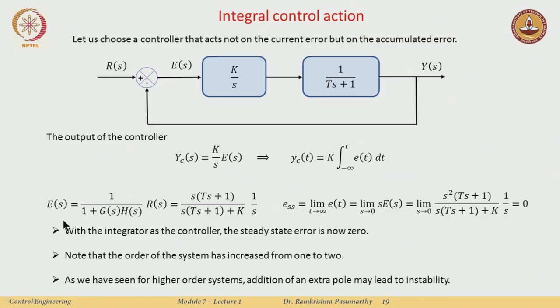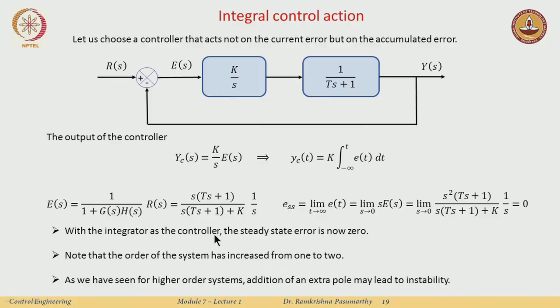Now, what is the error? The error is, well, something nice happened here, right. If I go through all these computations, the steady state error becomes 0. We can also see this in the error constant analysis, right. For a type 1 system, if I am tracking a step, the steady state error is always 0.